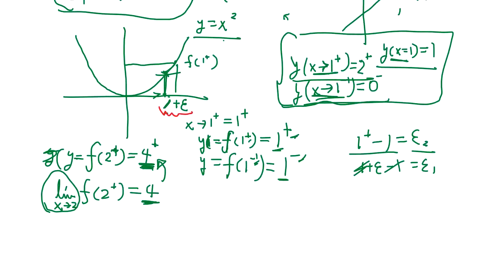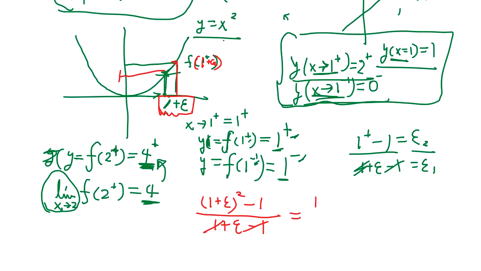So we take 1 plus epsilon here, and what we get is 1 plus epsilon squared minus 1, over 1 plus epsilon minus 1, so that disappears, right?